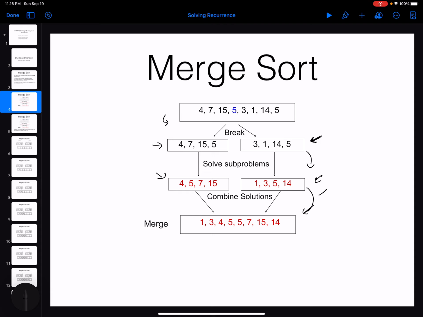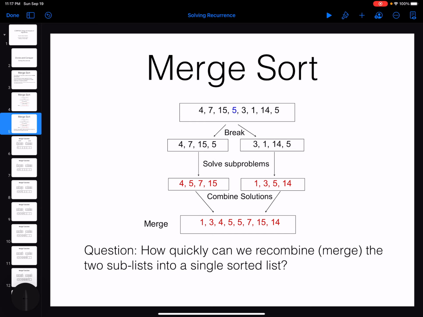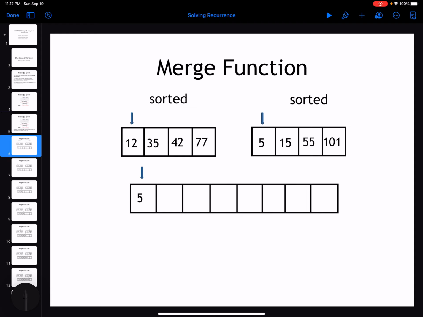How can we merge two sorted sub-arrays and get a full list of items, which in the final solution should be sorted? Is it simpler than the original problem, which was sorting? We already know that, yes, we can combine two sorted sub-arrays using an algorithm which works in linear time.